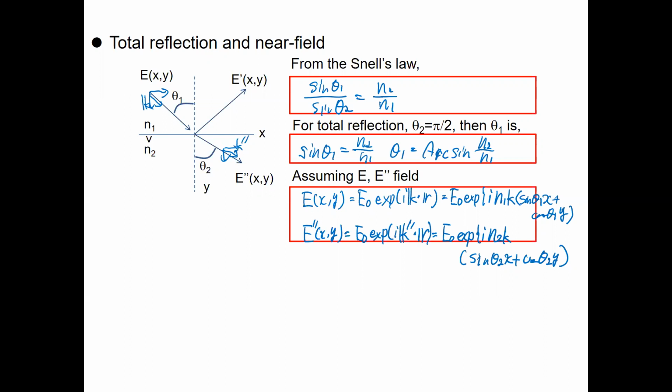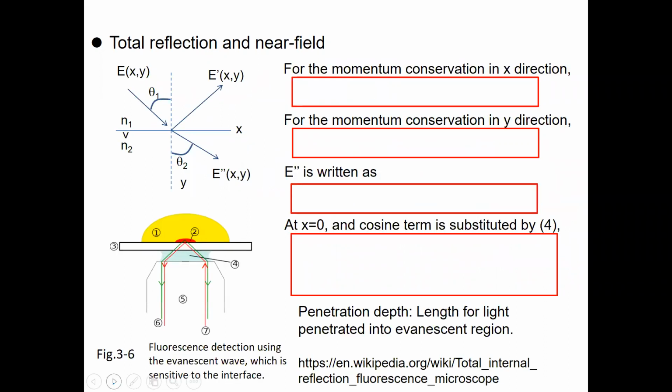In the x direction, it gives n1 k sine theta 1 equals n2 k sine theta 2, which just gives Snell's law, right?